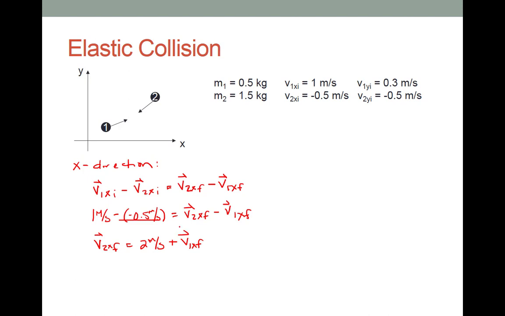We're now going to move over to the momentum equation. And eventually we'll need to use the one that we just derived in this equation as well. So P initial x has to equal P final x. So M1 V1x initial plus M2 V2x initial has to equal M1 V1x final plus M2 V2x final.